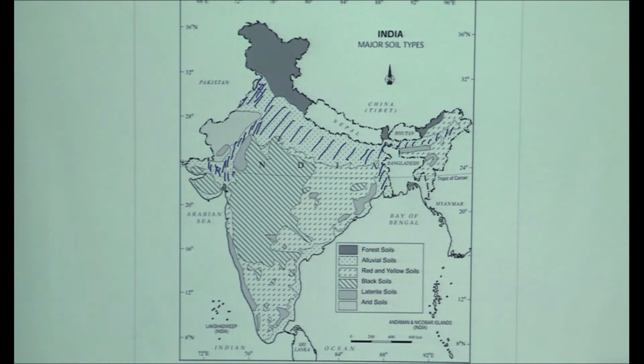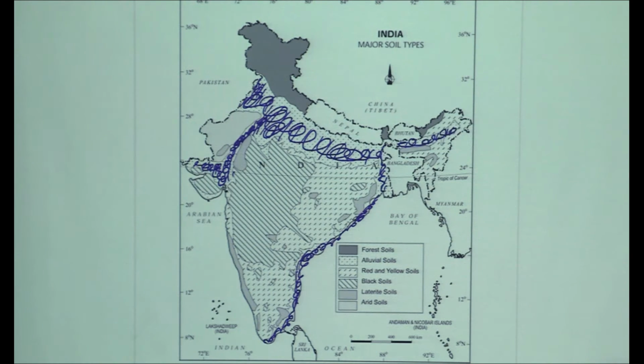I can easily notice it in the east coast plain of the country, deltaic lowlands. All these are which type of soil? They all are alluvial soil. So, the alluvial soil belt will be defined in the deltaic plains of the east coast, Gujarat, and a narrow belt extending, this is the Chambal Valley, extending to Punjab, Haryana, Uttar Pradesh, Bihar, West Bengal and Assam.